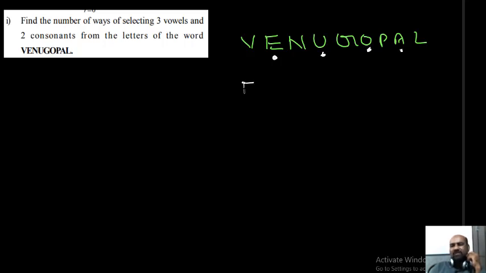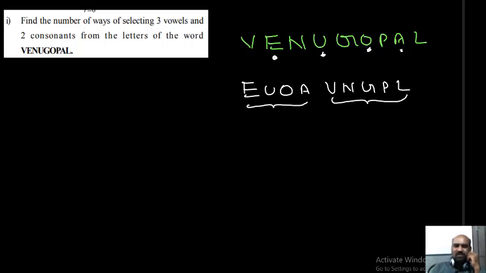So I will write them all first. E, U, O, A. The remaining consonants I will write: V, N, G, P, L. Okay, how many vowels are there here? And how many consonants? Listen, how many vowels? 4 vowels. How many consonants? 1, 2, 3, 4, 5 consonants.